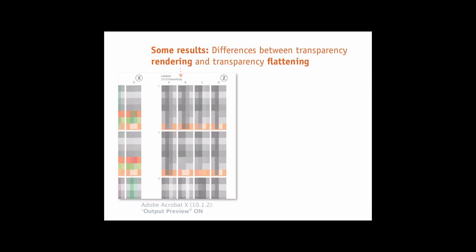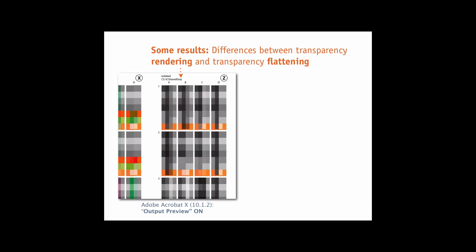There's another one that was, at least for us when we did the test page, more confusing: if there are differences within the one software. And this is what we get from that part at the bottom in Acrobat 10 with Output Preview on. So this is the result, just look at it.